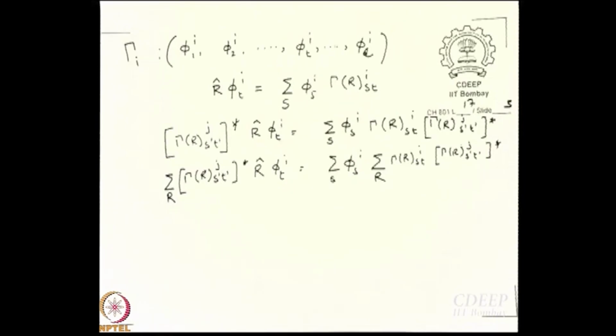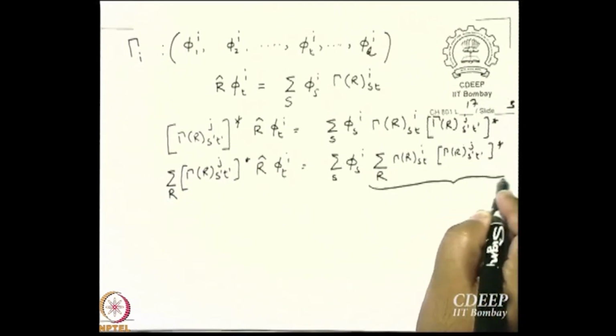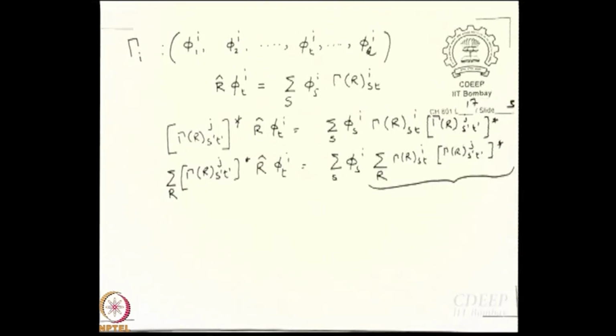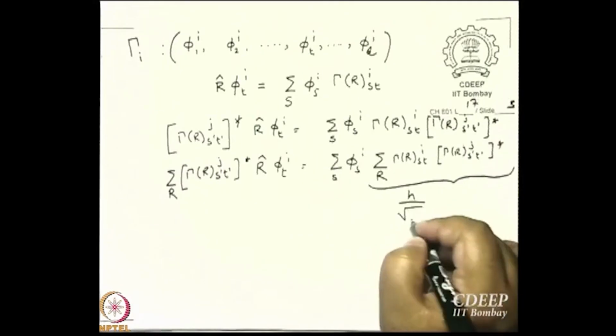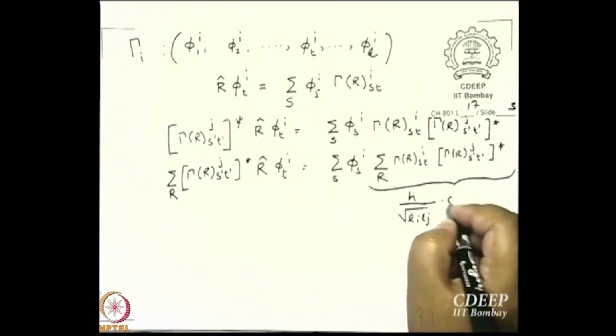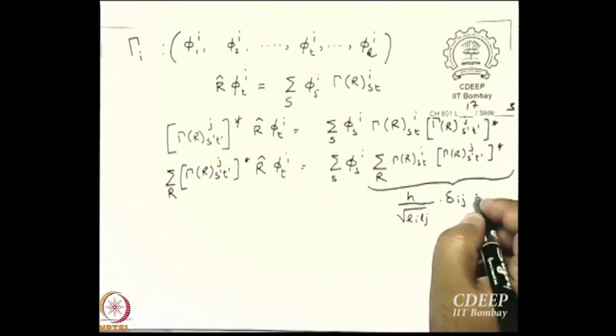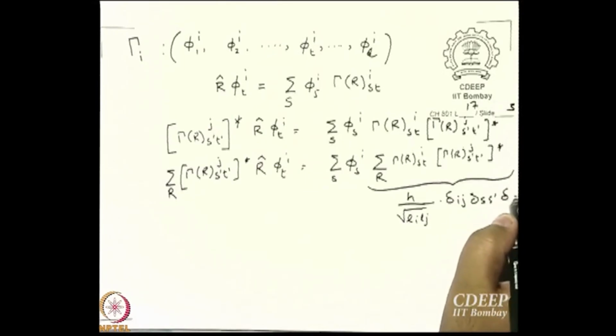Okay. See if that is all right or not. All right. What is this equal to? H by square root of Li Lj, delta I J, delta S S dash, delta T T dash.